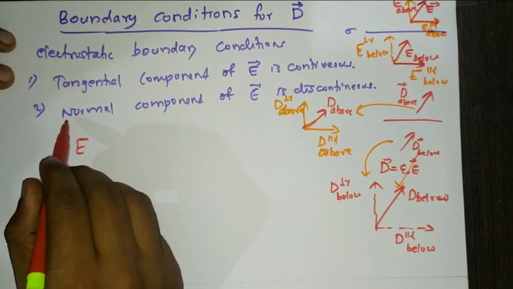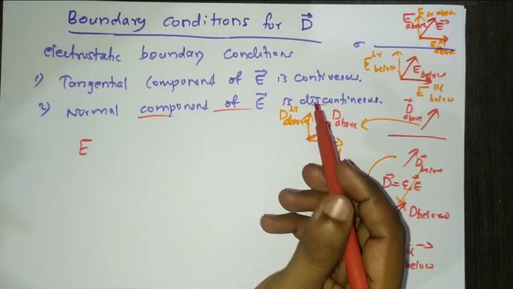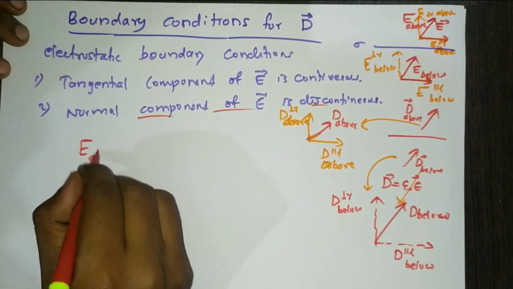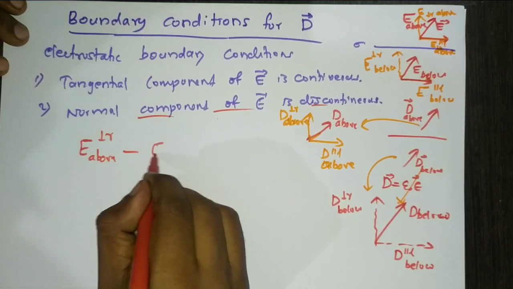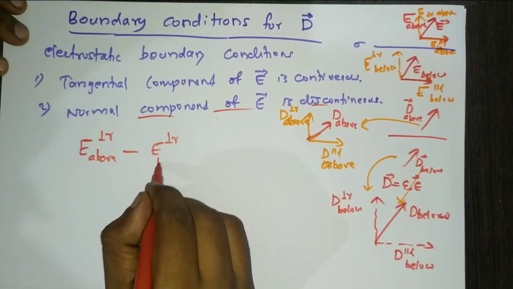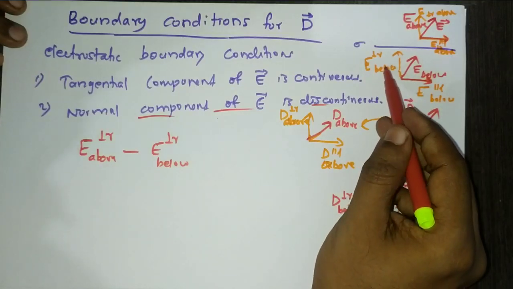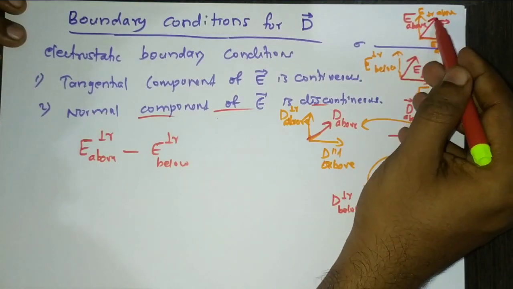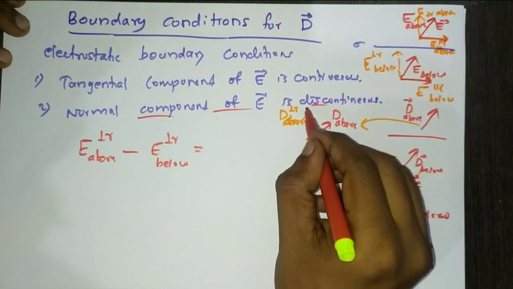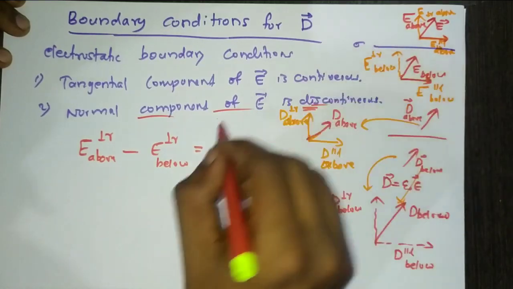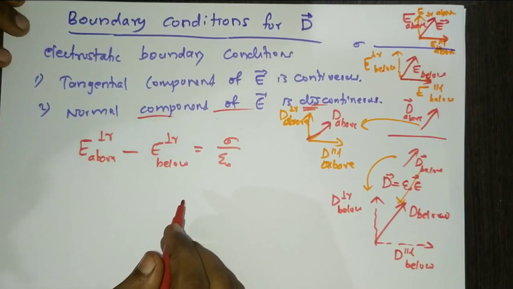Now, if I write the boundary condition for the normal component, the electric field is discontinuous, that is E perpendicular above (normal component means perpendicular component) minus E perpendicular below. The electric field normal component in medium 1 and in medium 2 is discontinuous by a charge density sigma by epsilon 0.